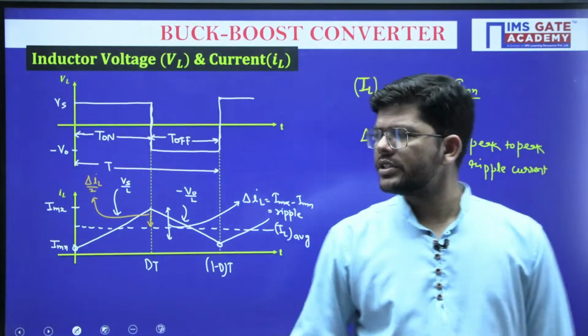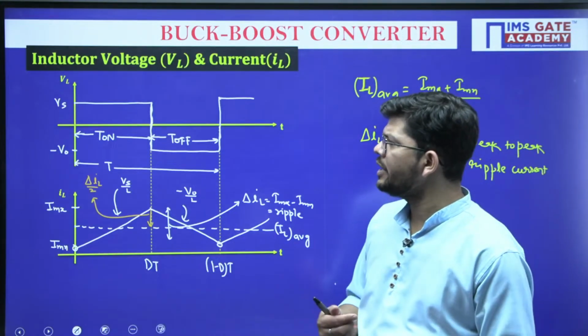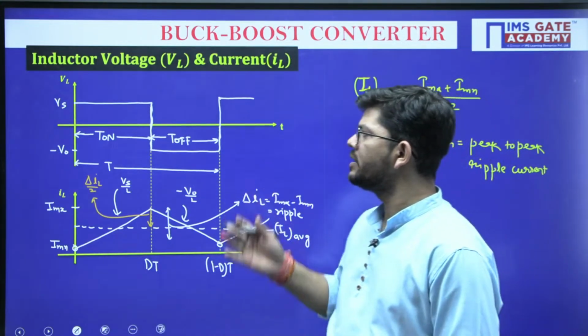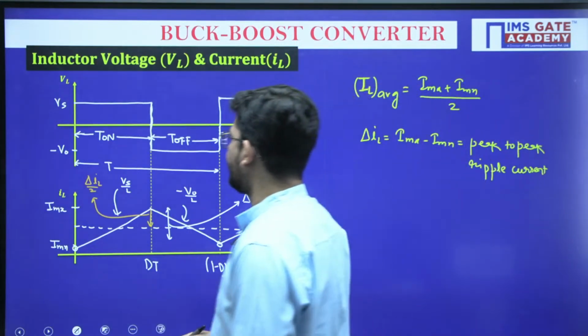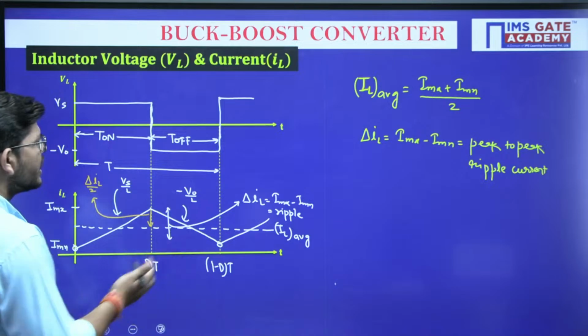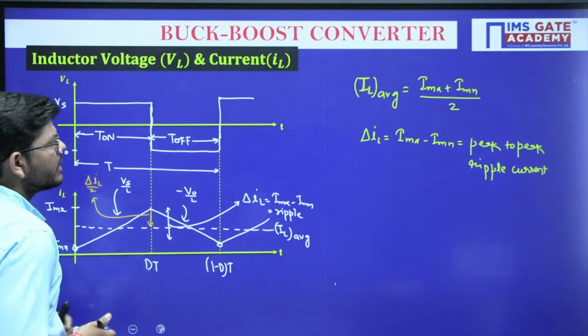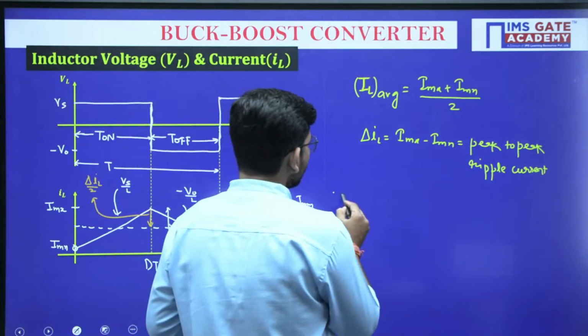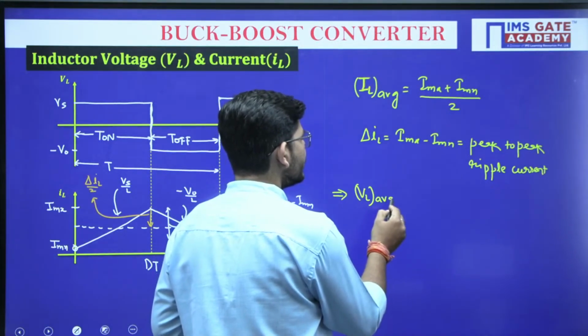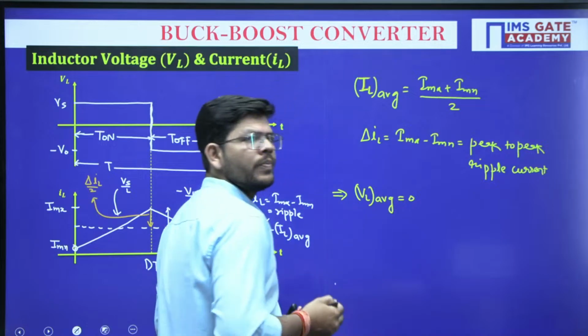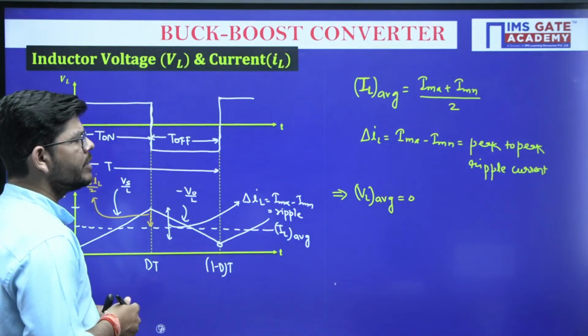So this is what we obtained during the on time and off time, and we have plotted the same here. Now, inductor current is varying periodically, isn't it? And the average inductor voltage will be 0.